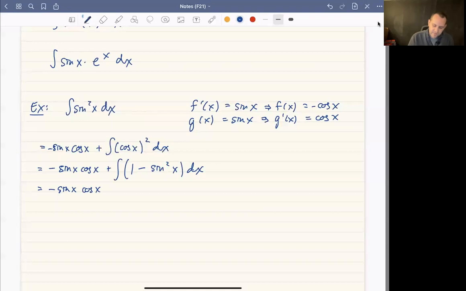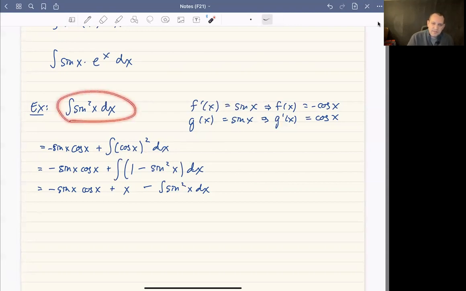This is negative sine x cosine x plus the integral of 1 minus the integral of sine squared x. Okay, this x here came from thinking of this as the integral of 1 dx, and the integral of 1 is just x.